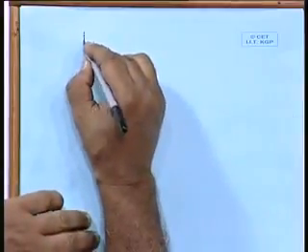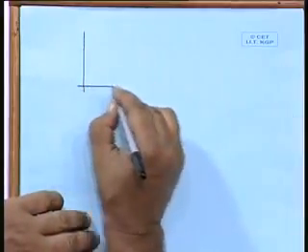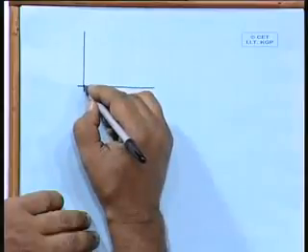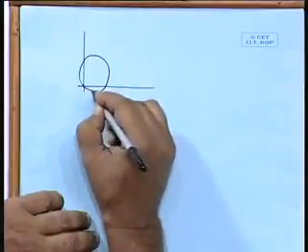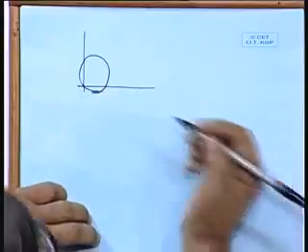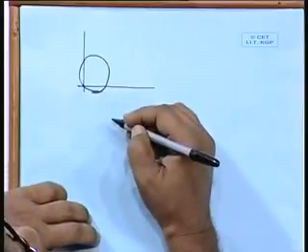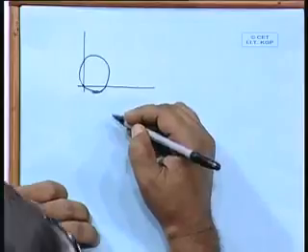Okay. So, if I am given a circle, what will be its inverse? How do you determine that straight line?